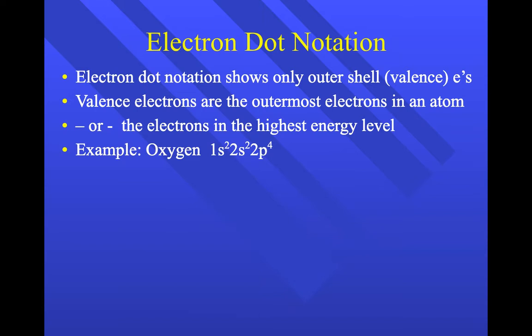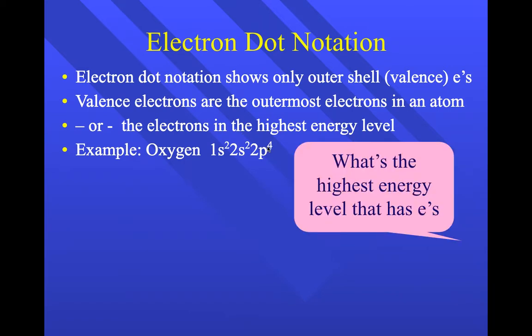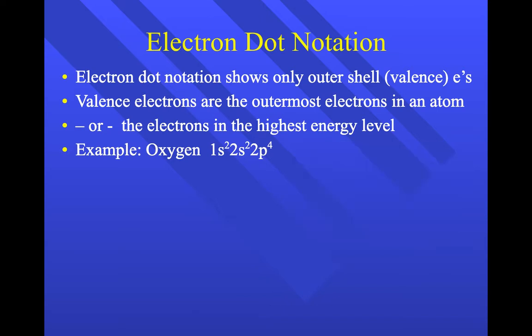So here's an electron configuration for oxygen: 1s2, 2s2, 2p4. Which of those electrons have the highest energy? They're not all equal. As chemists, we're not interested in all these electrons. We just want the ones that are the highest energy. We can see that they're in this energy level, the row that those electrons are in.